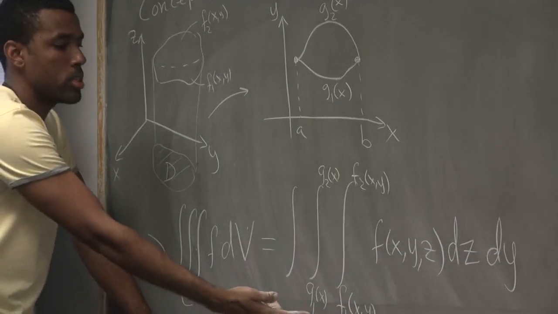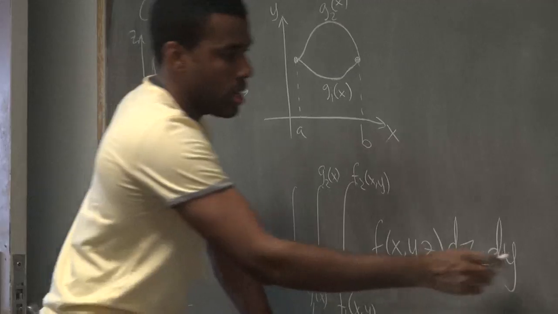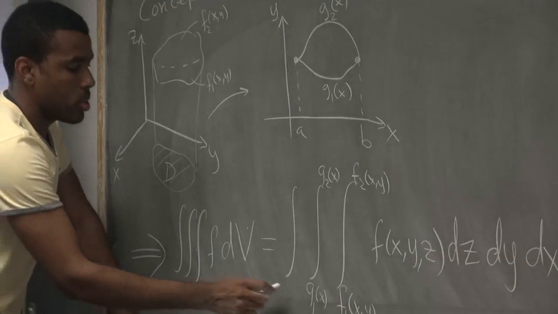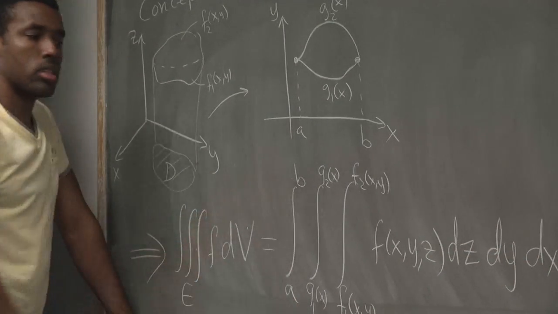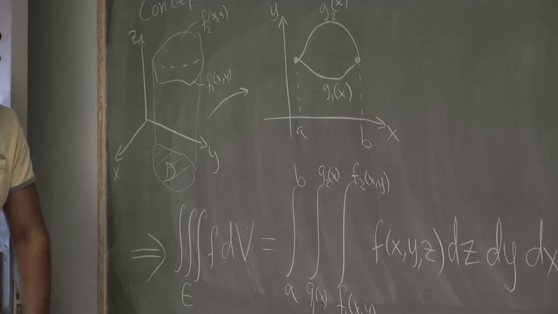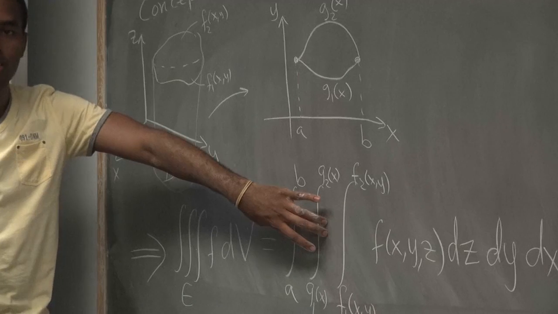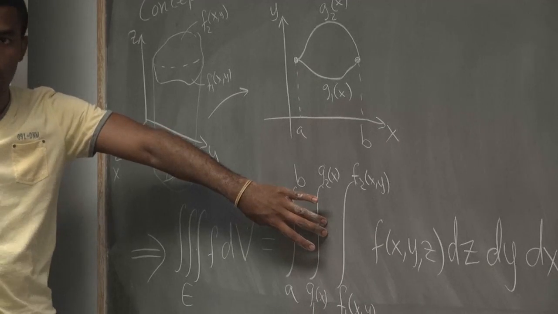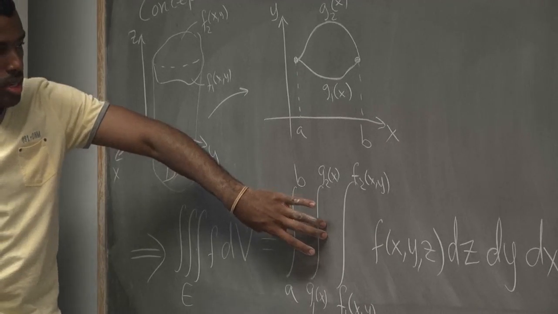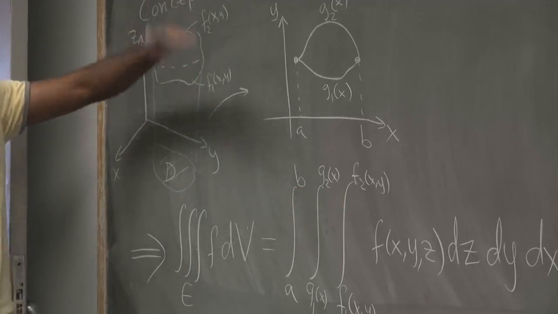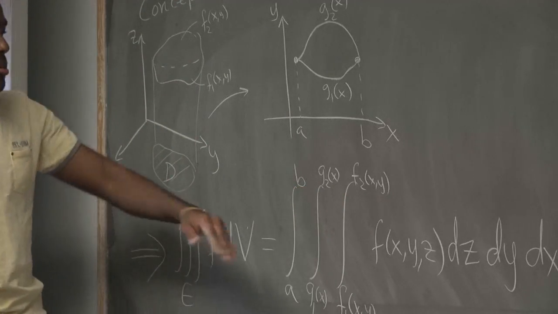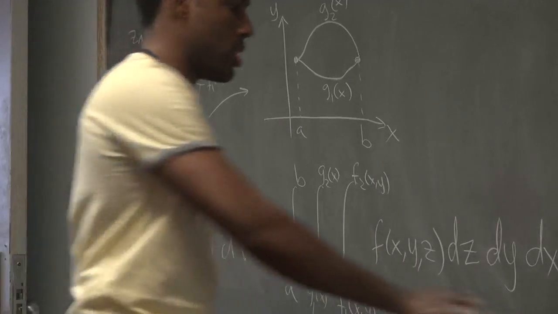Y goes from this function to that function, and x goes from this constant to that constant. So you figure this out and you look at its shadow. The shadow is going to tell you how to set up the x and y on the outer integrals, just like double integrals from previously. The last integral is just going to be the different surfaces. So there's going to be a top surface and a bottom surface, and so on.